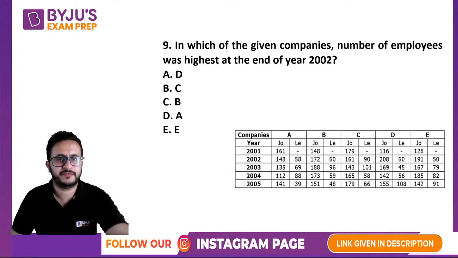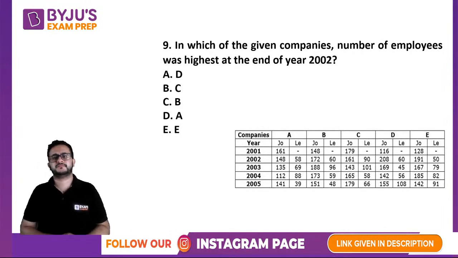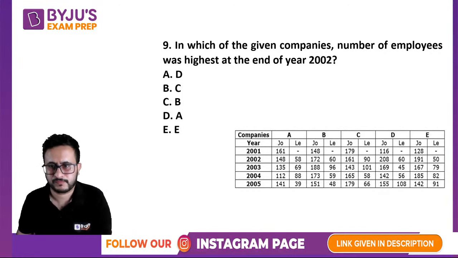Okay, here's the next one. In which of the given companies number of employees was highest at the end of year 2002? So C में तो highest नहीं होगा, right?